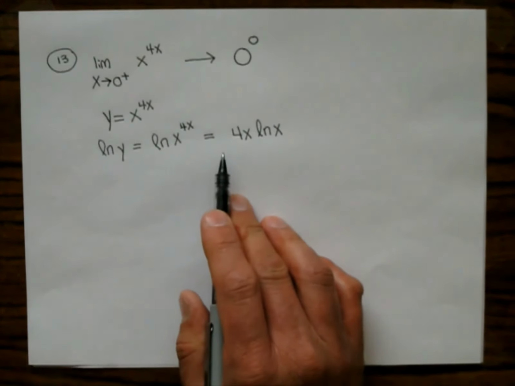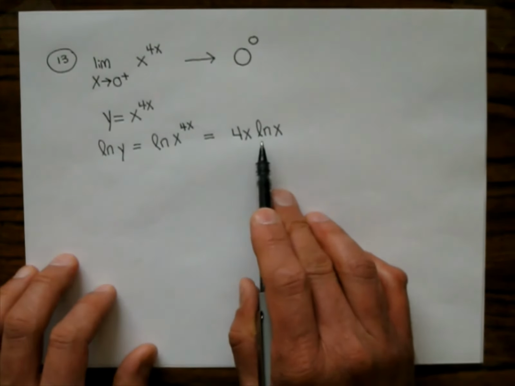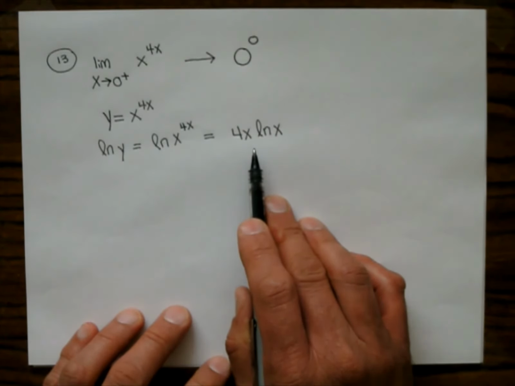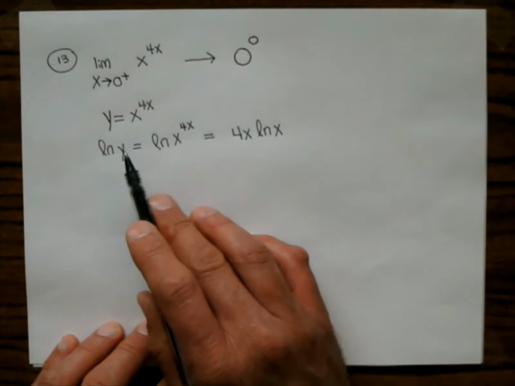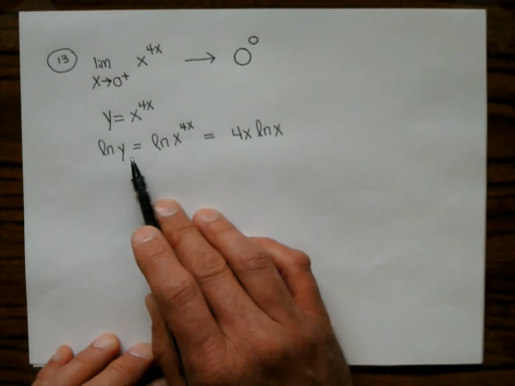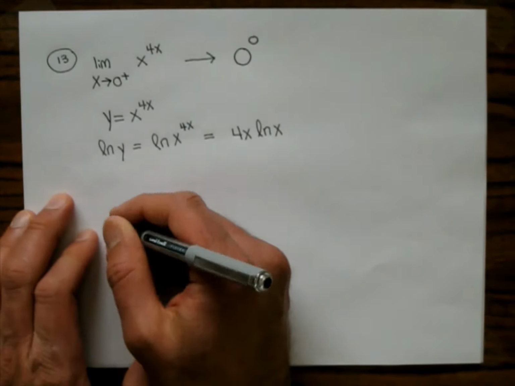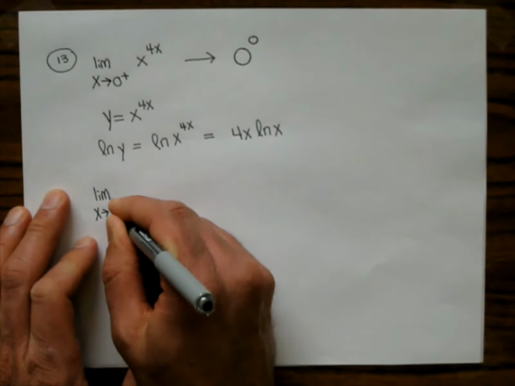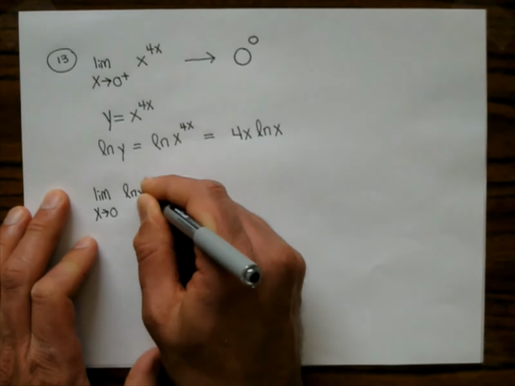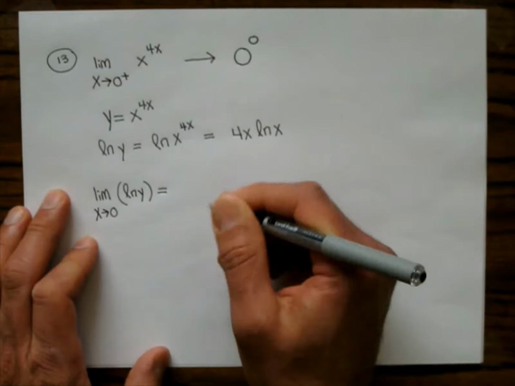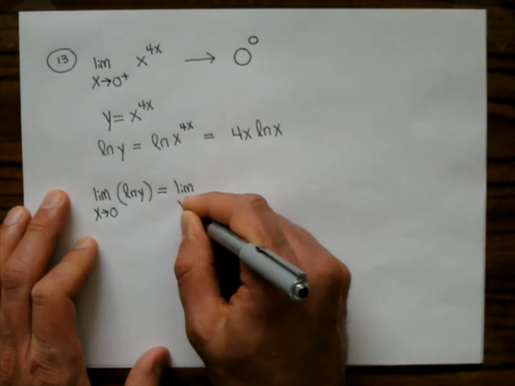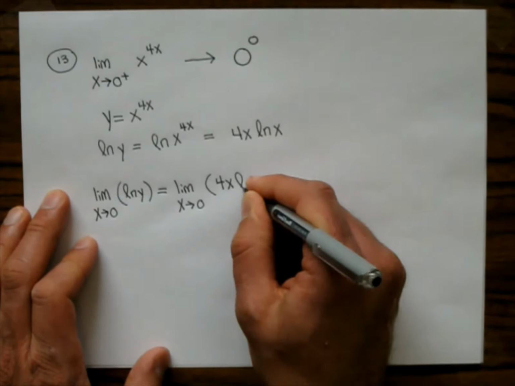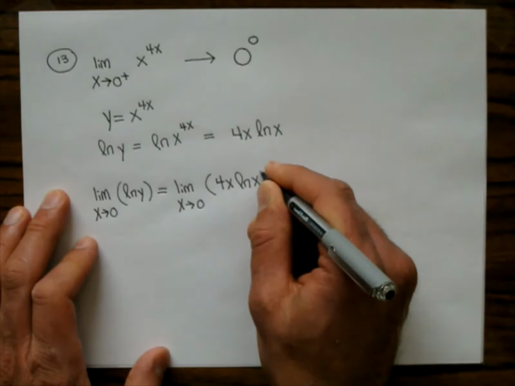Okay, so what I want to do is take the limit as x approaches 0. So I'll take the limit as x approaches 0 of ln y equals the limit as x approaches 0 of this right here, which is 4x ln x.